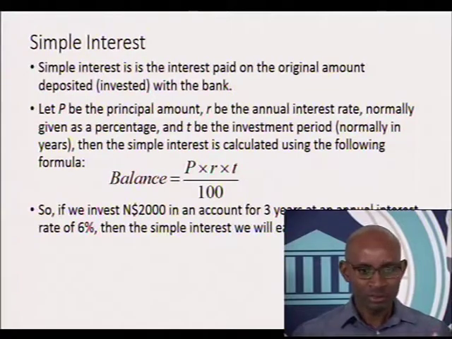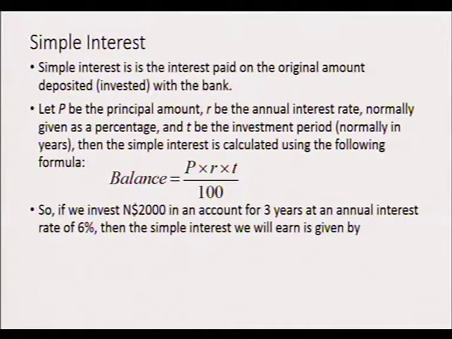So if we take a very simple example, you invest 2,000 in an account for 3 years at an annual interest rate of 6%. Then the simple interest we will earn is given by P, which is 2,000, multiplied by R over 100, which means 6 over 100 will just be 0.06, and then you multiply this with 3.